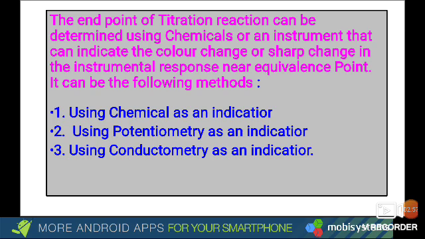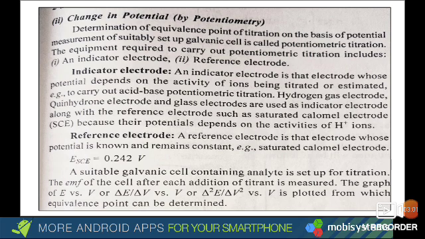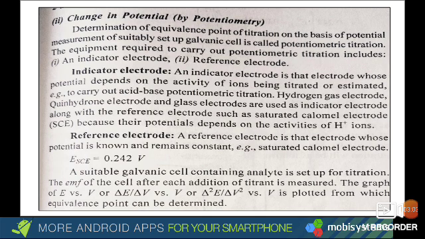Now, we have to discuss potentiometry as an indicator. The second point is the change in potential during the equivalence point. You can use a potentiometer to find the change in potential for equivalence point determination.